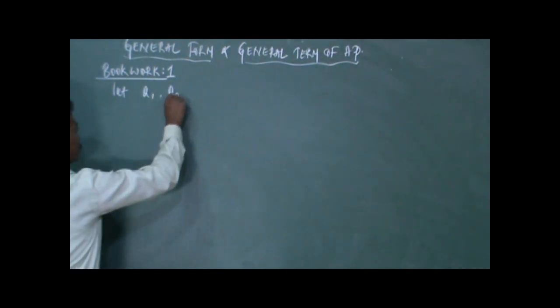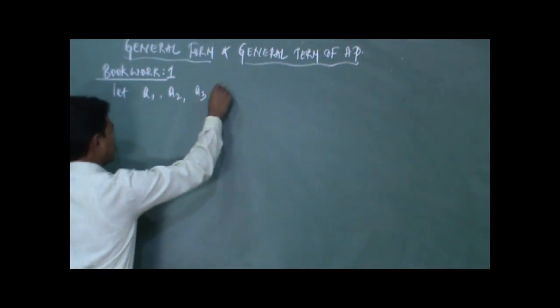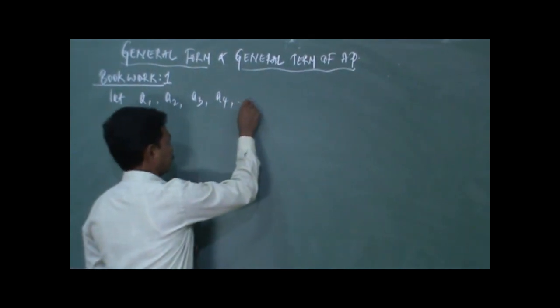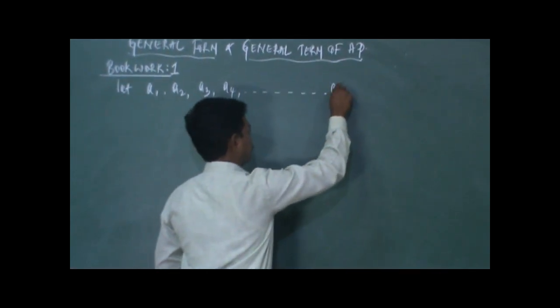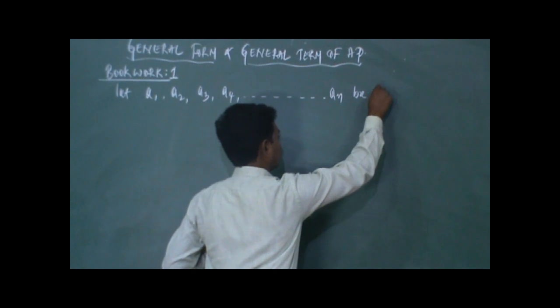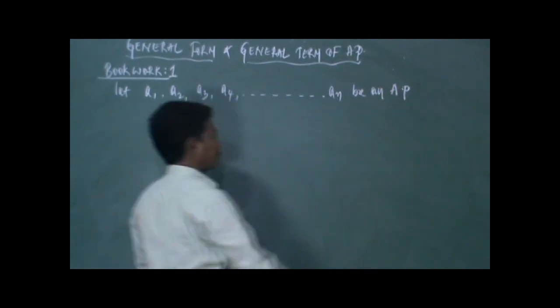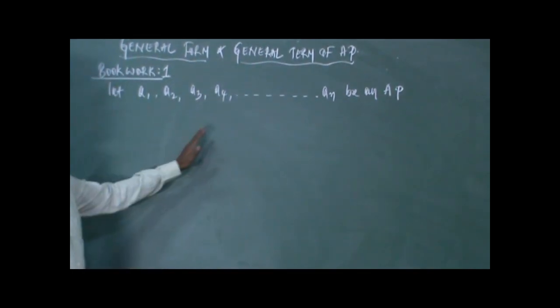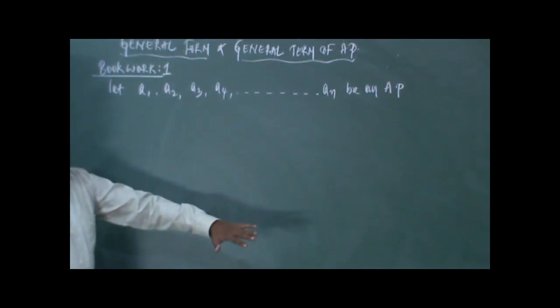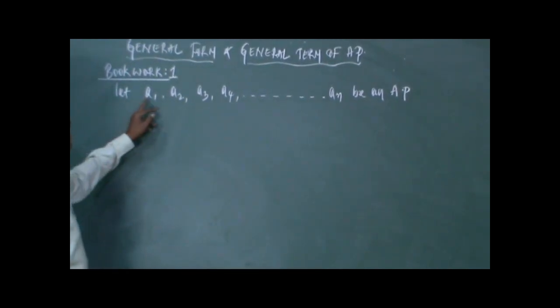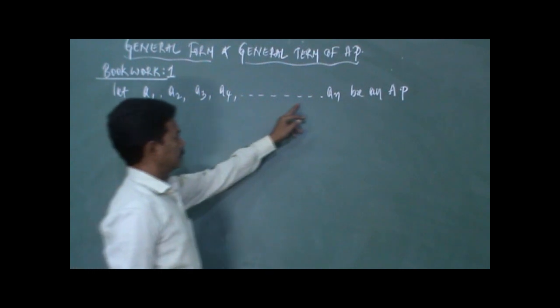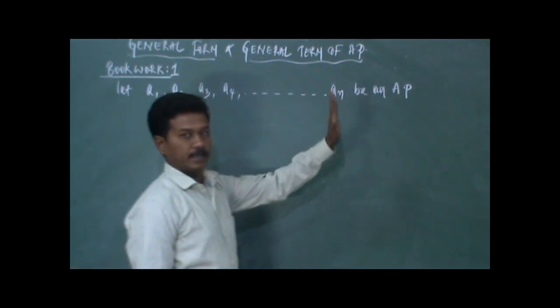Now let a1, a2, a3, a4, until an be an AP. This is a sequence. A sequence can become an AP. So therefore, let a1, a2, a3, a4 until an be an AP.